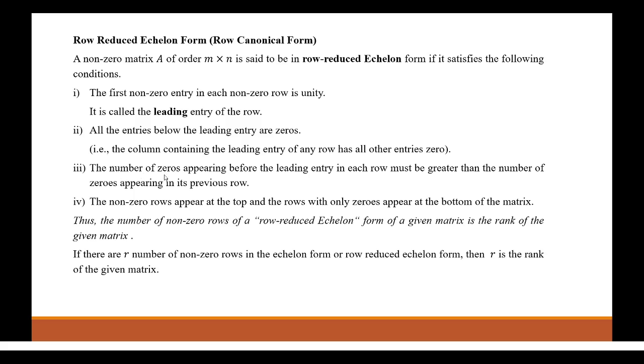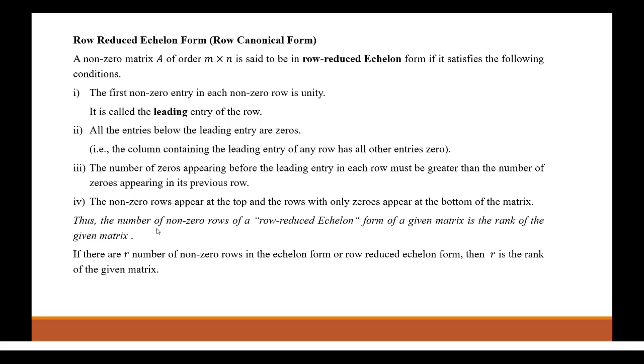The number of zeros appearing before the leading entry in each row must be greater than the number of zeros appearing in its previous row. The non-zero rows appear at the top and the rows with only zeros appear at the bottom of the matrix.